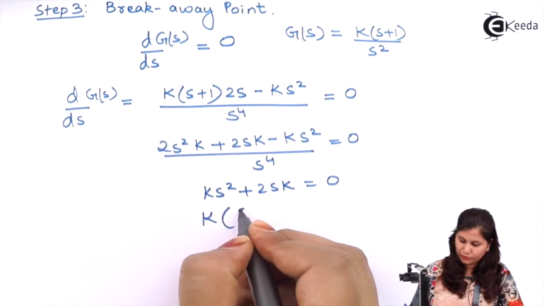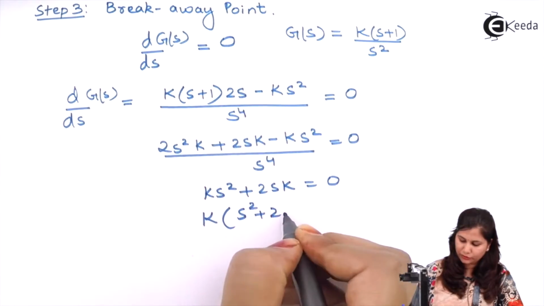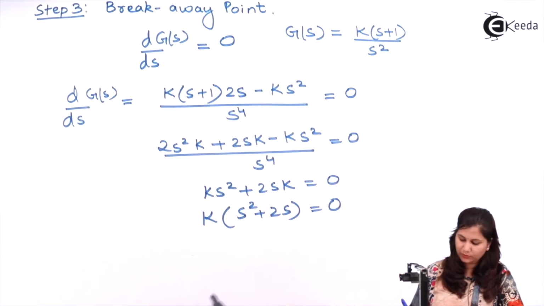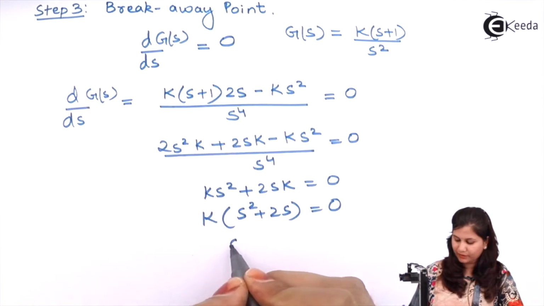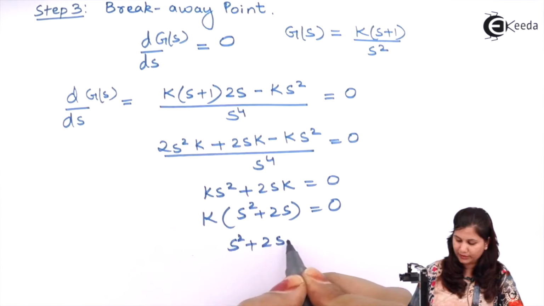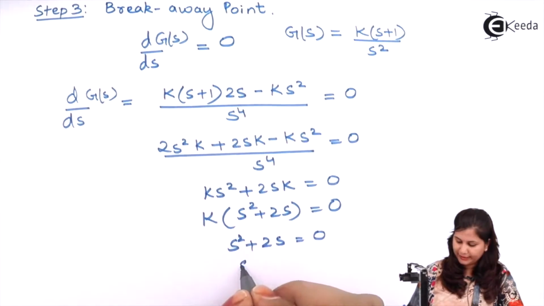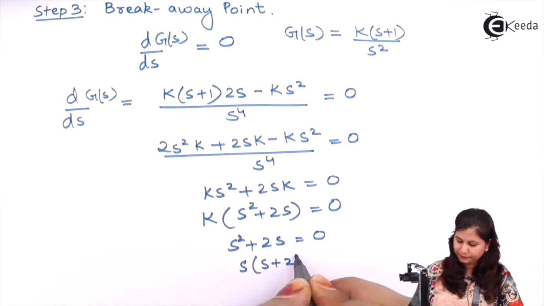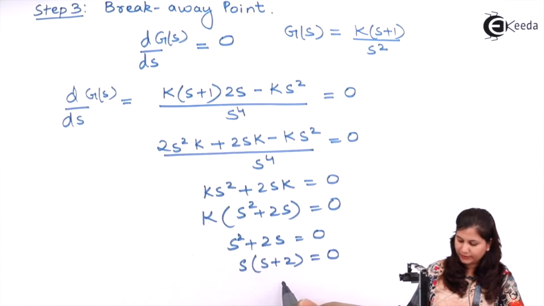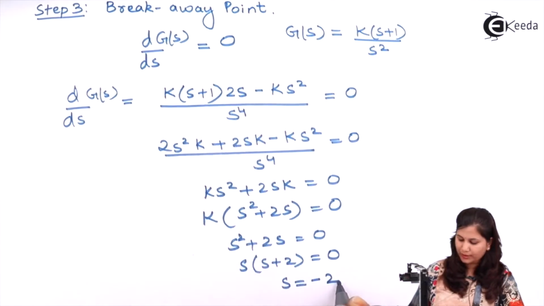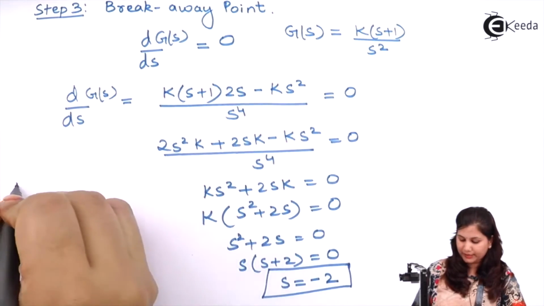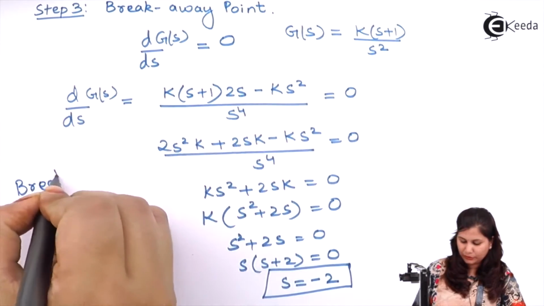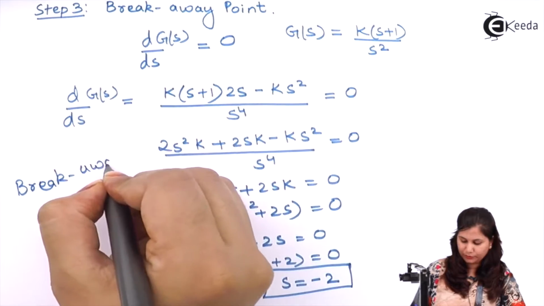Take K common, so it is s² + 2s = 0. When K goes to the right hand side, it will be 0, and then we have s² + 2s = 0. Take s common and solve this, we will get s = −2. So our breakaway point is s = −2.